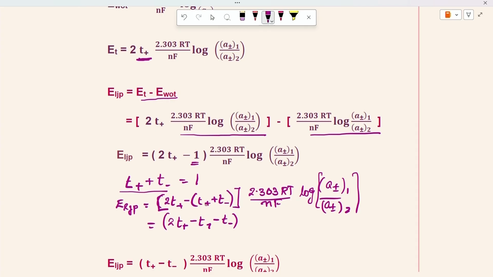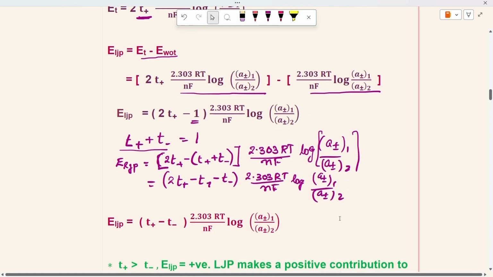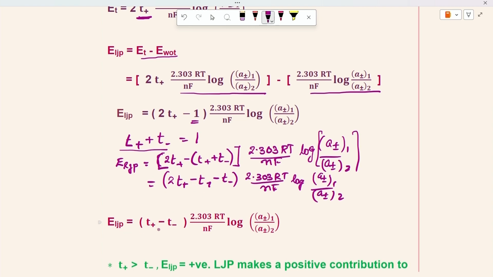See, 2T plus, and this becomes minus T plus, you will have 1T plus, 2.303 RT by NF log mean ionic activity of 1 divided by mean ionic activity of 2. So, here by subtracting you will get it as T plus minus T minus into 2.303 RT by NF log mean ionic activity of 1 divided by mean ionic activity of 2.